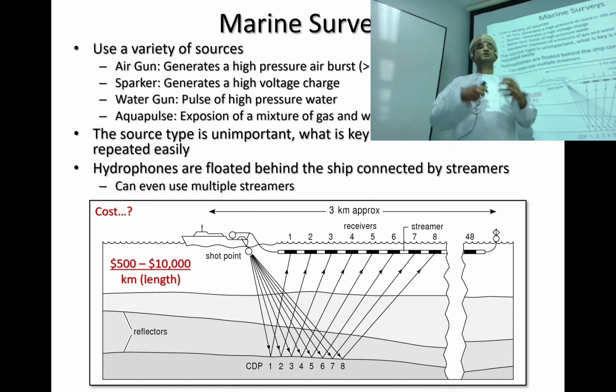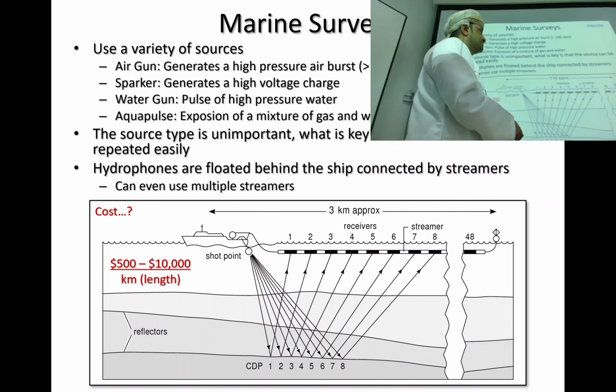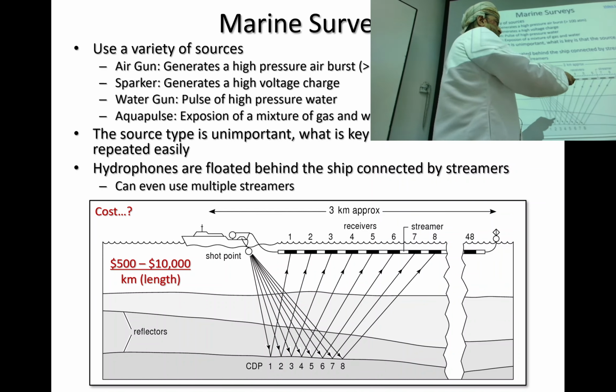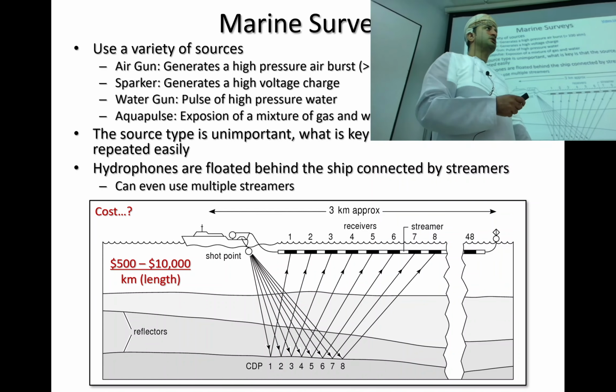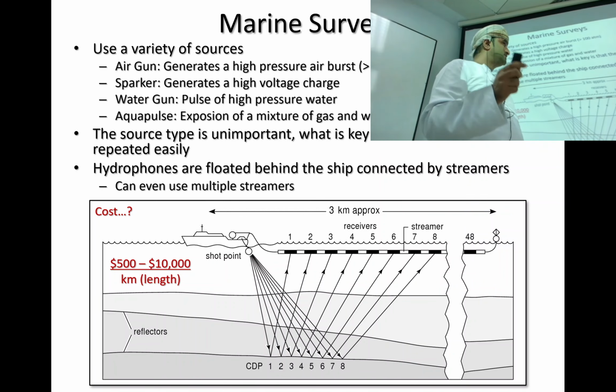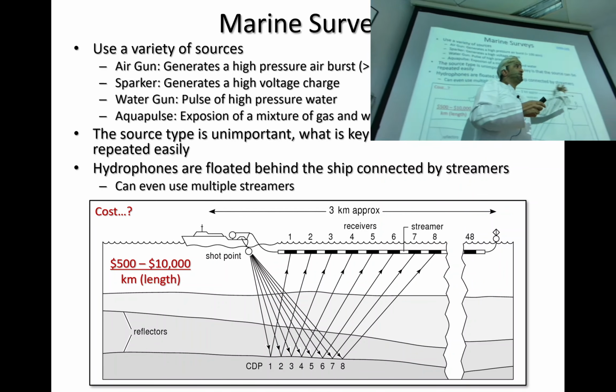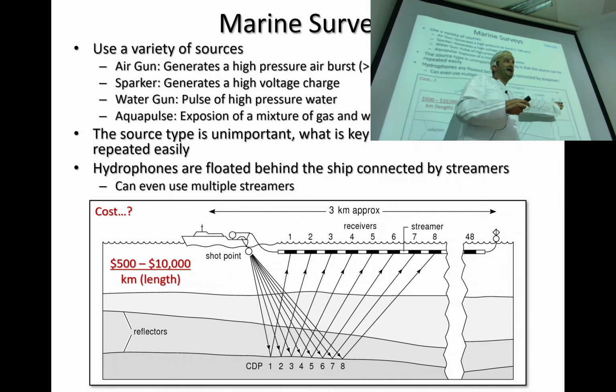So this is the configuration. Behind there we have what we call a tail buoy. Its main function, first of all, is the navigation system. It sends information about where the line is exactly. When you fire the shot, you should know at what XY location each hydrophone group was.